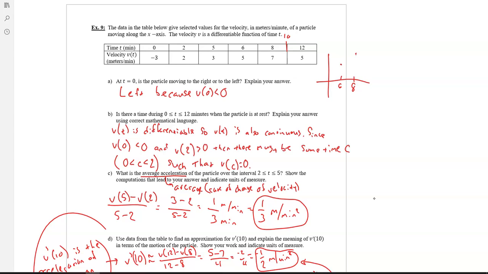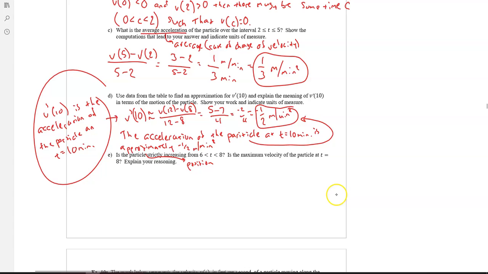At 6, we do have to go from here to here, but that doesn't mean we can't go down and then back up and then back down to get to those 2 points, right? So we don't know, we just can't say. So we'll say not necessarily.